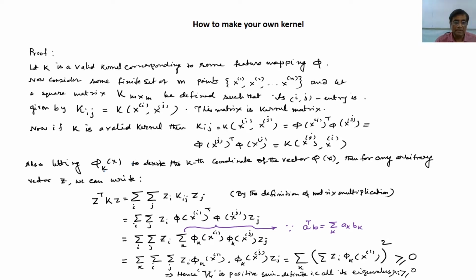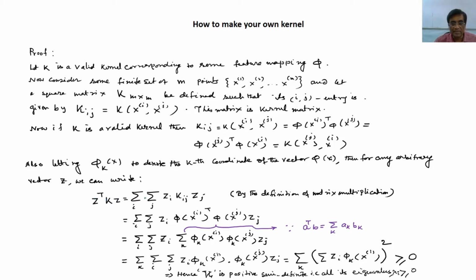Also, because we would like to do this matrix multiplication, we let phi k of x denote the kth coordinate of the vector phi x, and then for any arbitrary vector z, we can write z transpose K z, right?